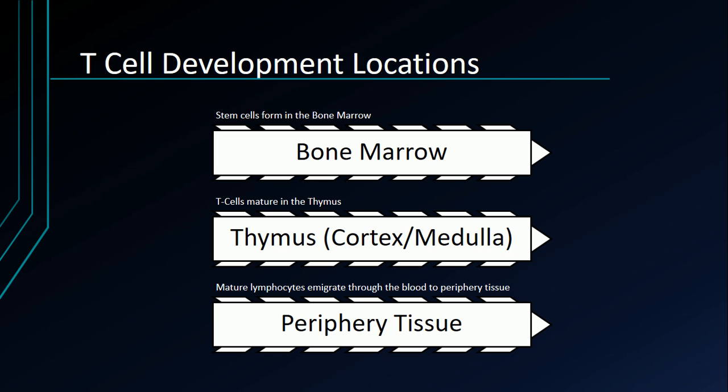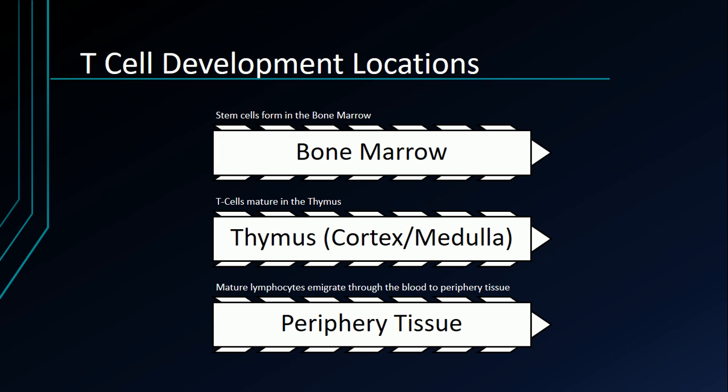Alright, so next location from the thymus, the T cells are going to develop a lot, and they are eventually going to take the path of a T cell. By taking the path of a T cell, what we mean is that they will choose to become T cells, and they will choose to develop the correct receptor that they need.